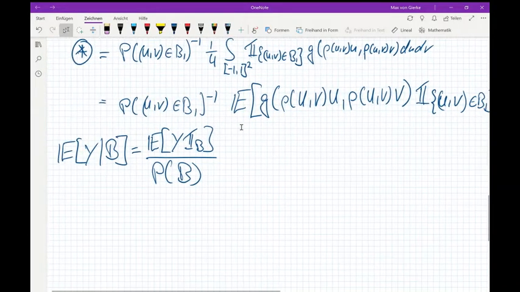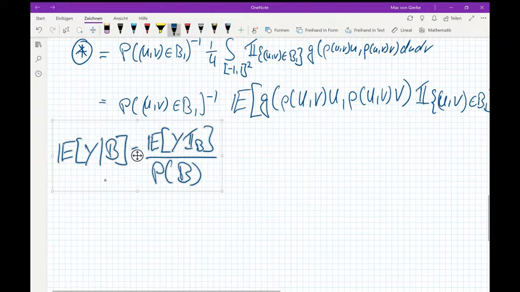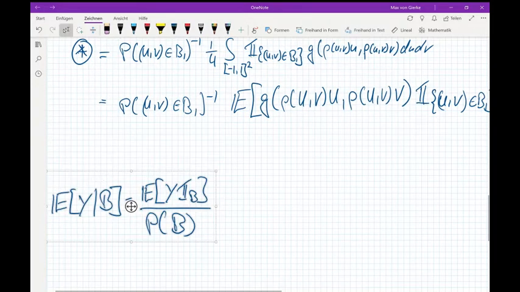So this is a general formula. So P has to have some mass here, of course.